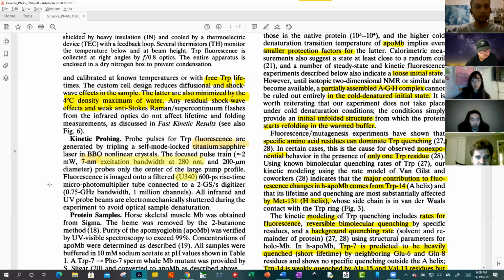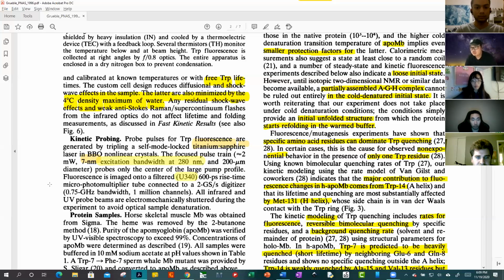But so you excite a 200 micron diameter spot instead of a 2 millimeter spot. So it's basically 10% of the area in a small circle in the middle of the hot spot. So that assures that the sample is heated uniformly.